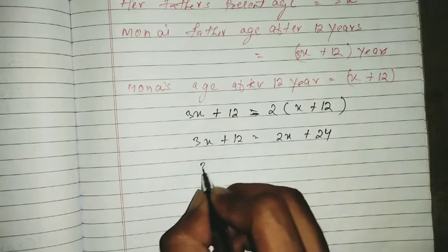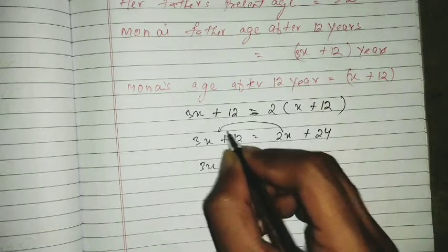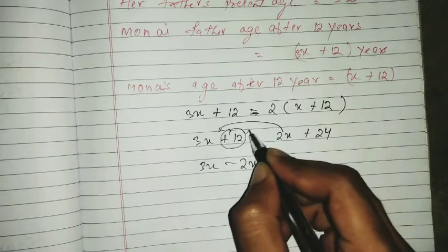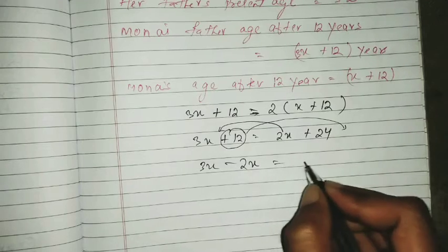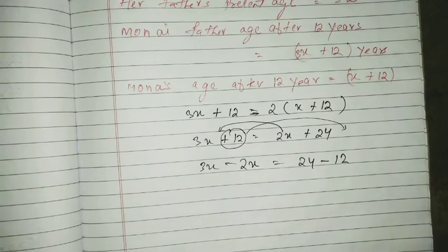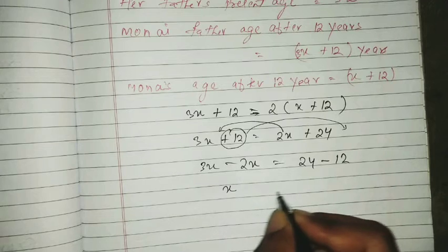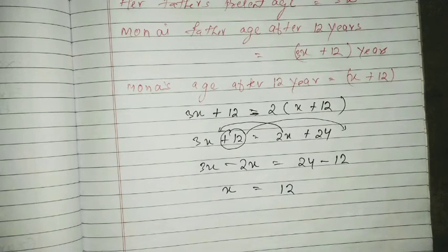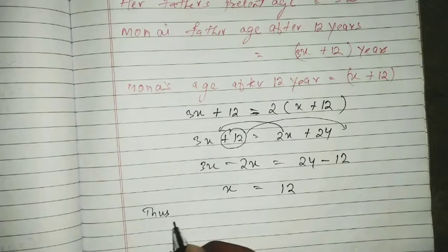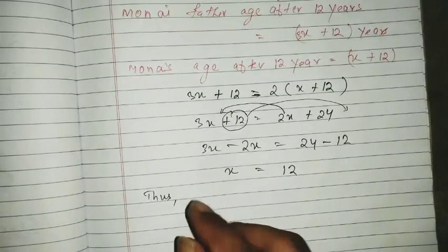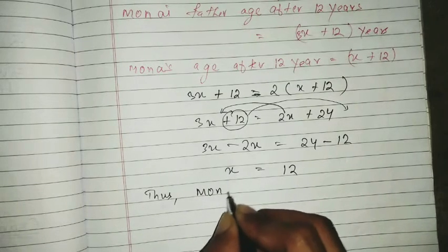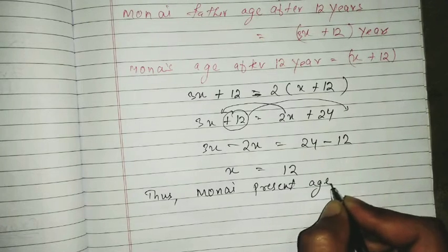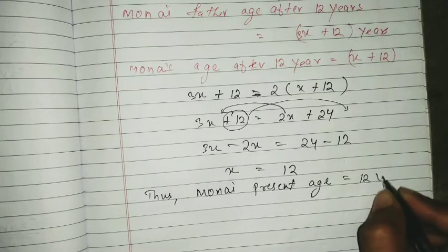So now 3x minus 2x is equal to 24 minus 12. So here x is equal to 12. So thus Mona's present age is 12 years.